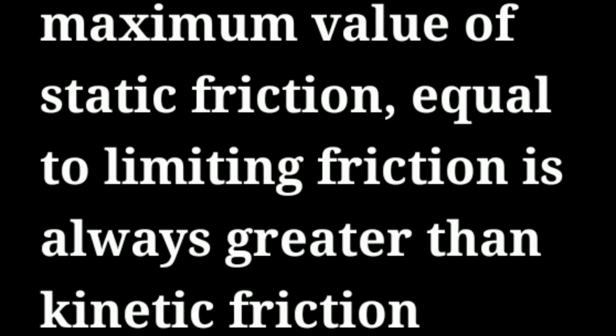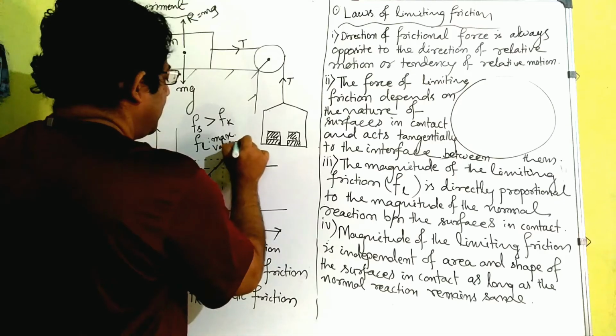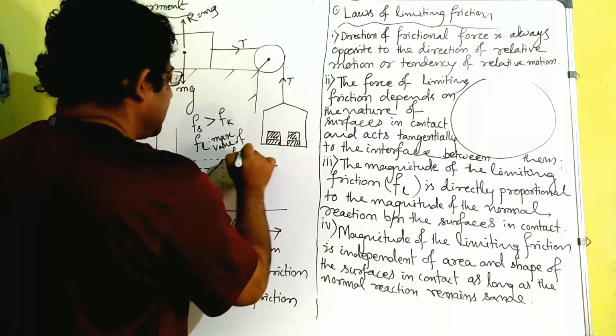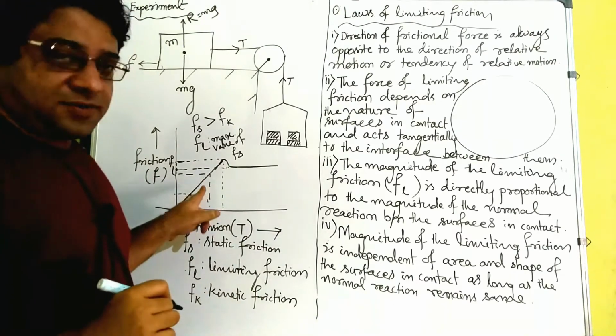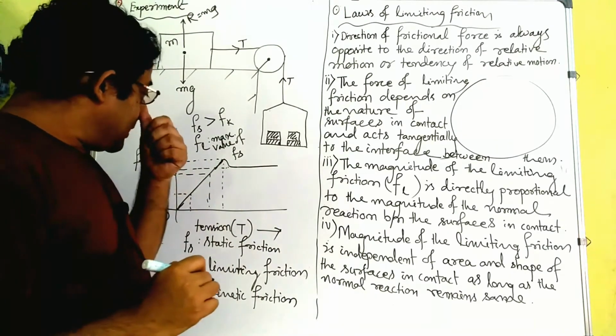It can be zero also, it can be maximum also. The maximum value is called the limiting friction. So limiting friction is a fixed value. It is the maximum value of static friction. You can clearly see this thing.